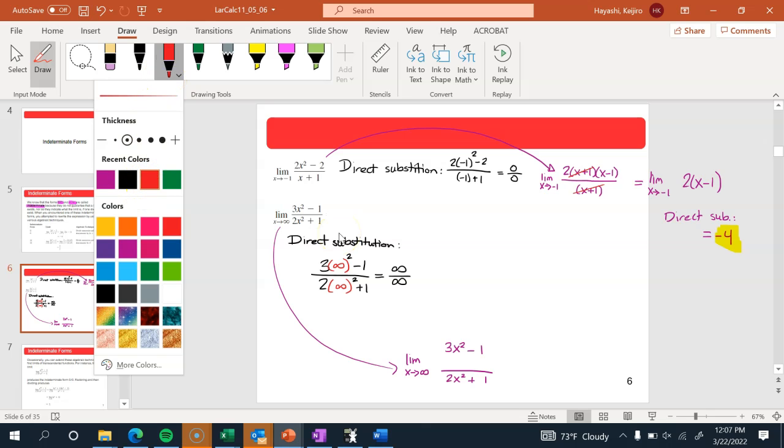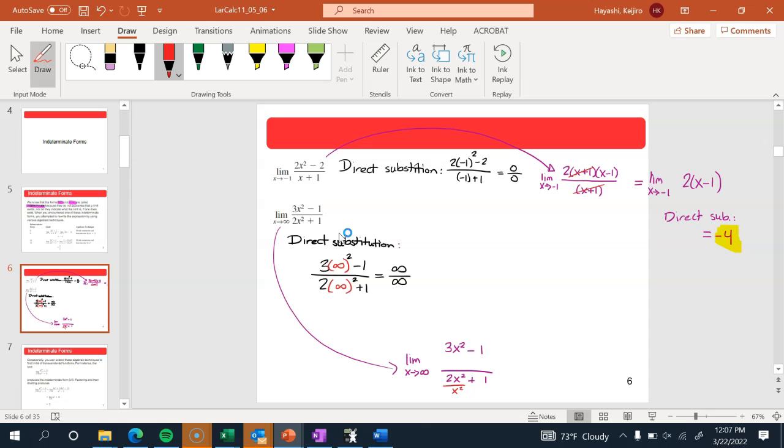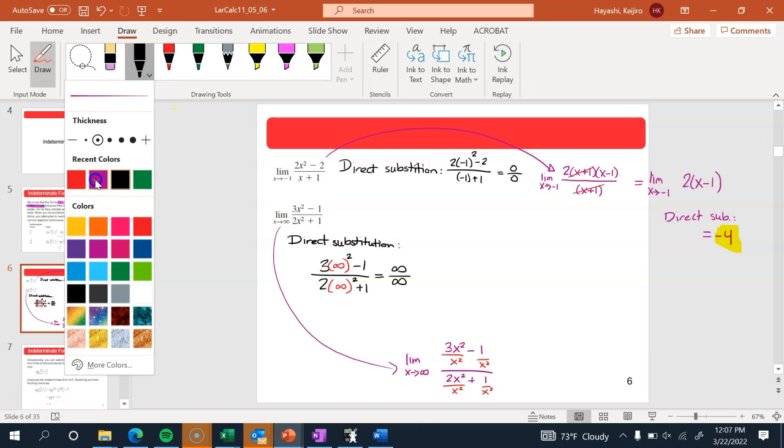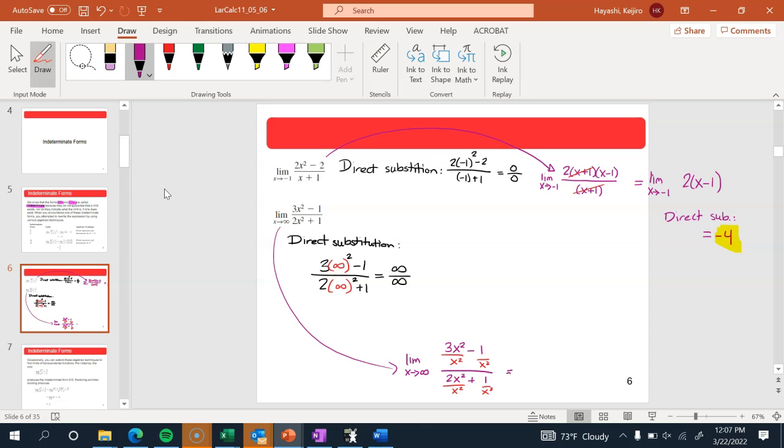So there's an x squared in the denominator, so divide every term by x squared. Okay, what happens then is that this becomes 3 minus 1 over x squared over 2 plus 1 over x squared. And this is the limit as x goes to infinity.